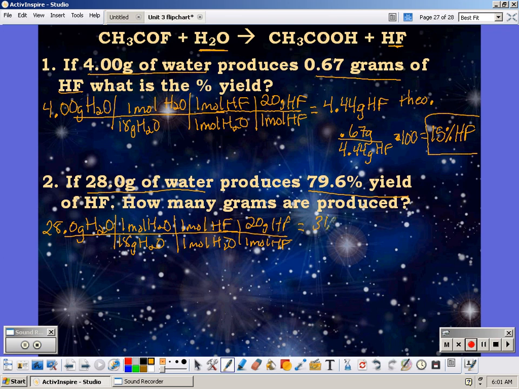So theoretically, we should have produced 31.1 grams of HF.